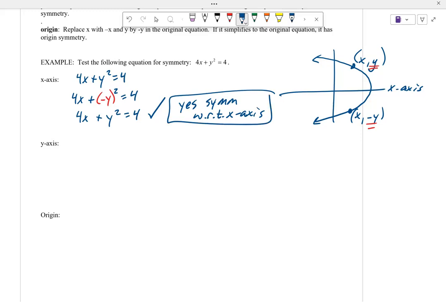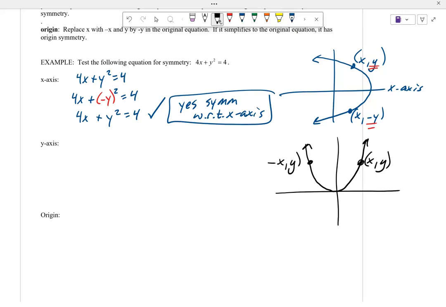So again, we don't know what the graph looks like, but we do know it's symmetric with respect to the x-axis. Second question, is it symmetric with respect to the y-axis? Well, if it's symmetric with respect to the y-axis, then we want to replace x with negative x and see if it gives us the same thing. So here's our original equation, 4x plus y squared equals 4.